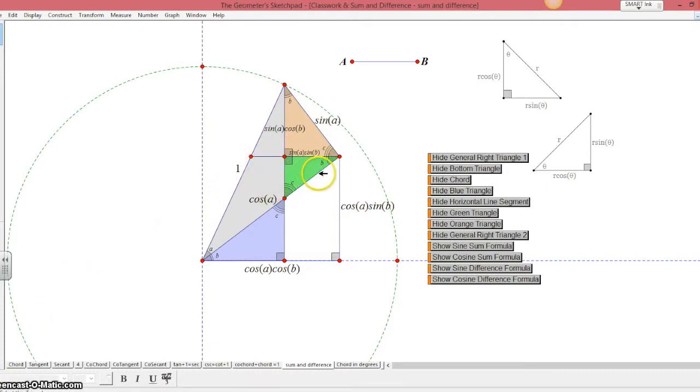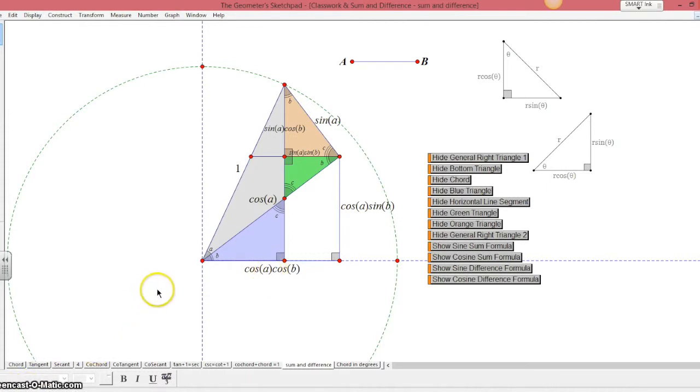Now, let us look at this large triangle that is a right triangle with angle beta. This triangle has hypotenuse cosine of alpha. Therefore, its side lengths must have cosine of alpha and sine of beta. Its other side length is cosine alpha, cosine beta.